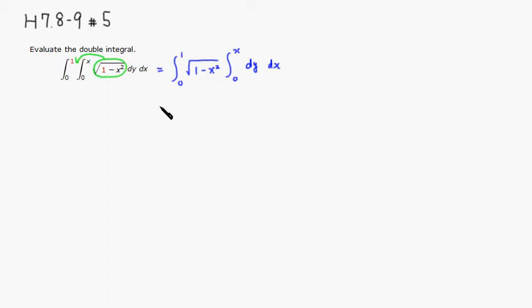Alright, so the inside integral is very easy to integrate. So square root of 1 minus x squared is still there. Then this is going to be a y, because the antiderivative of 1 with respect to y would be y, and it's going to go from 0 to x, dx.